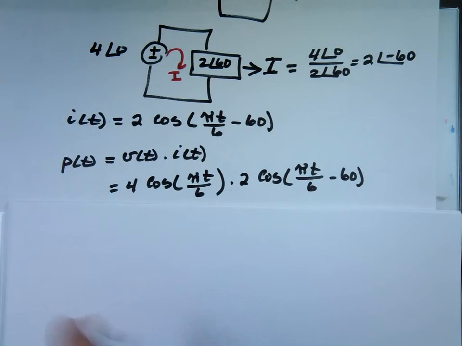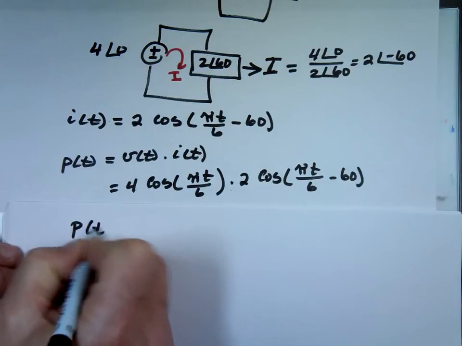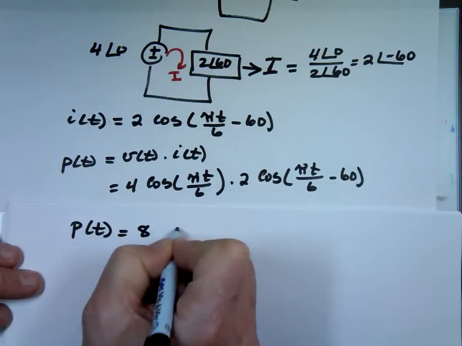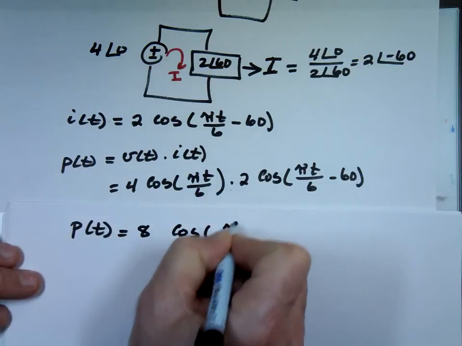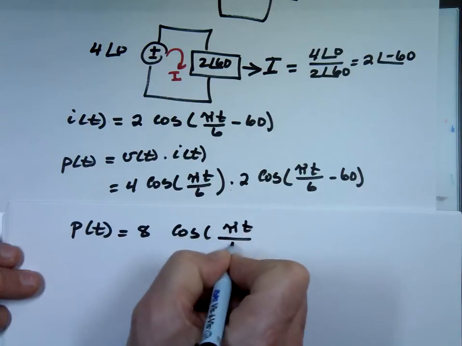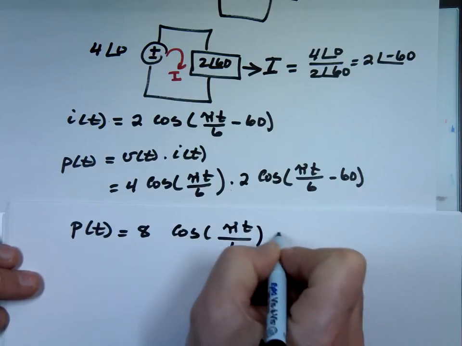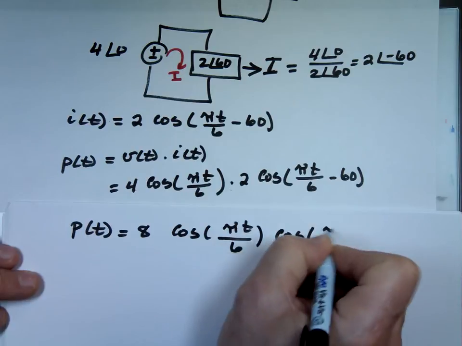The instantaneous power is 8 cosine pi t over 6, not 60, times cosine pi t over 6 minus 60 degrees.